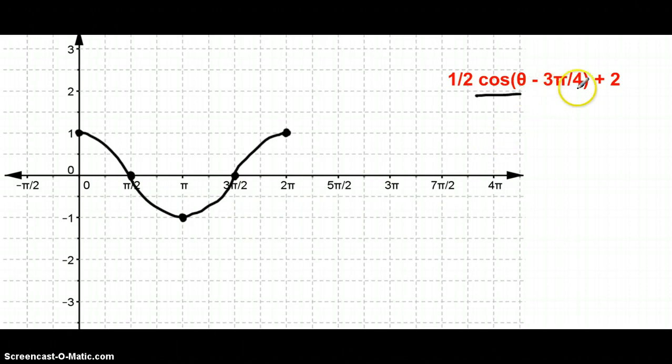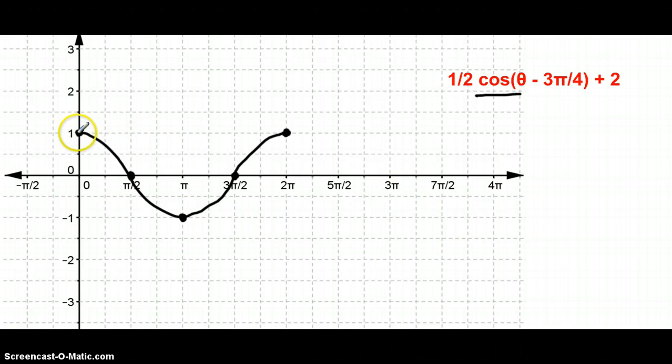So maybe the next thing we want to do is apply the horizontal shift. So we're going to move everything over 3 pi over 4. If you look at this scale, we have pi, 1, 2, 3, 4 divisions. So each of these divisions is 1/4 of pi. So if we're moving 3 pi over 4, we're going to be moving 3 squares.